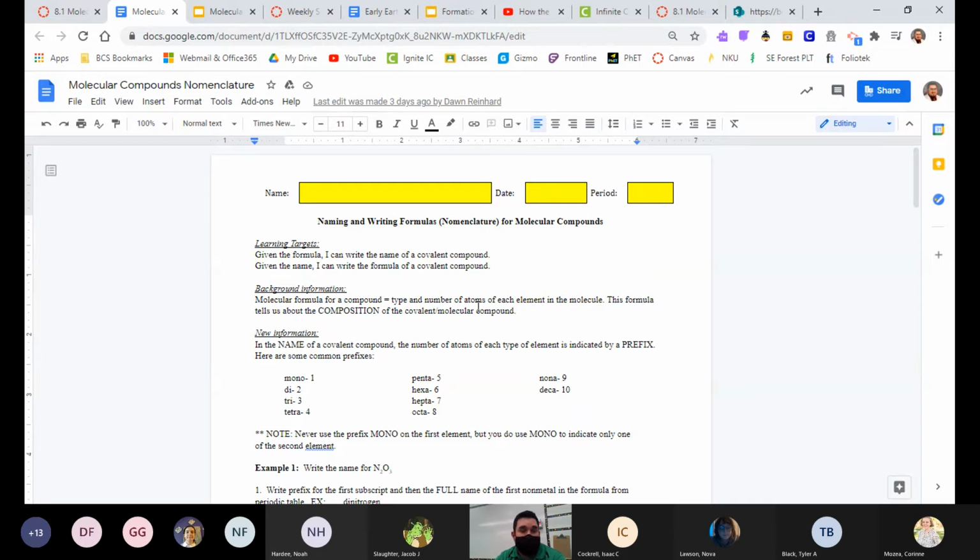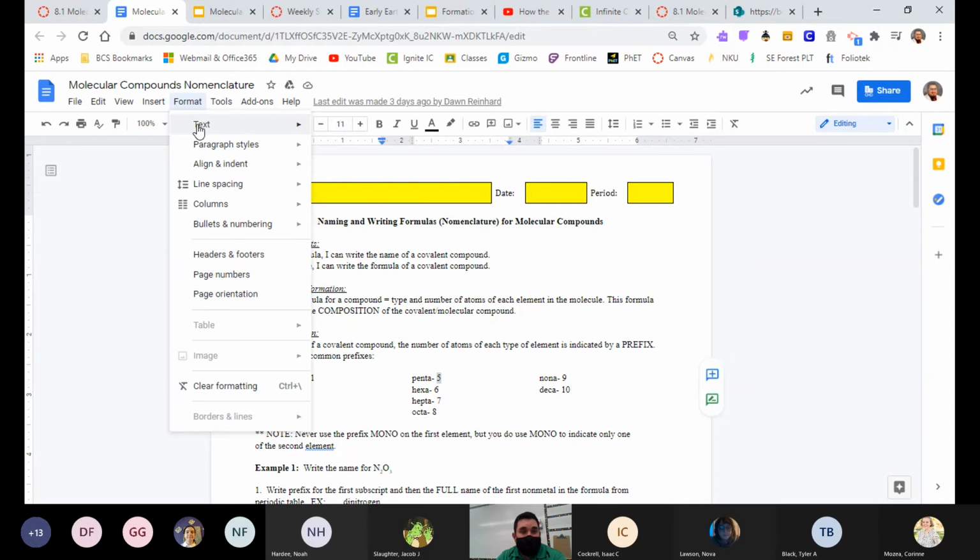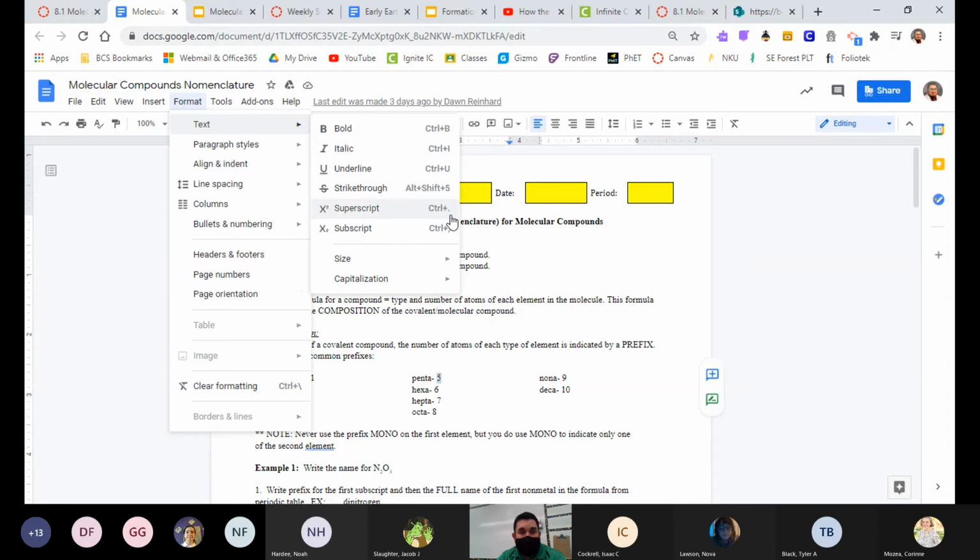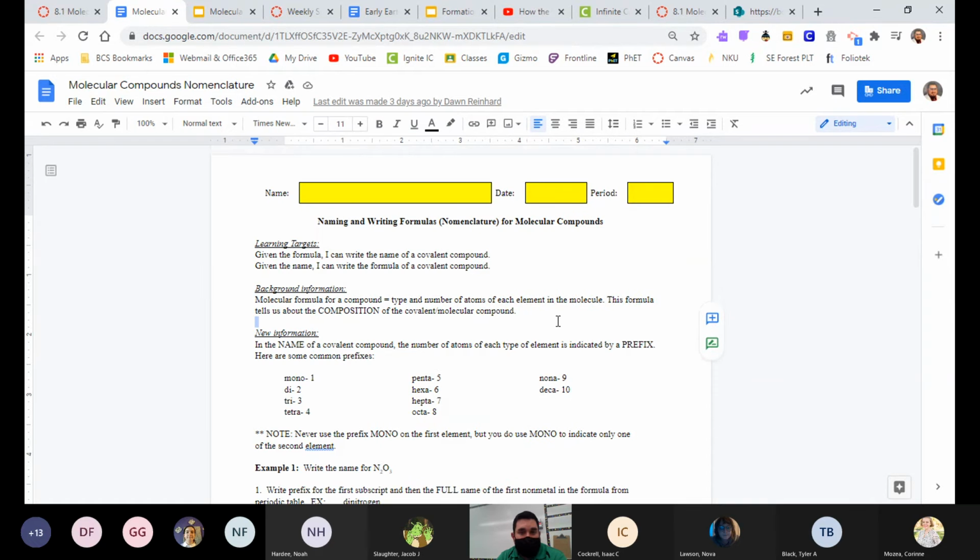And again, if you guys watch me right now, if I want to make this 5 a superscript, I just go to Format, Text, Superscript. If you look, there's a little shortcut. You do control plus period, and that will make it a superscript. If you want to do a subscript, which is what we're going to do today, just go to Format, Text, Subscript, and write down our formula.